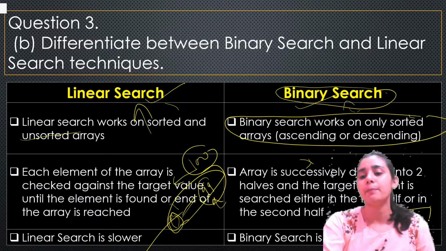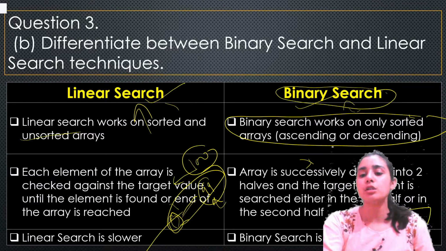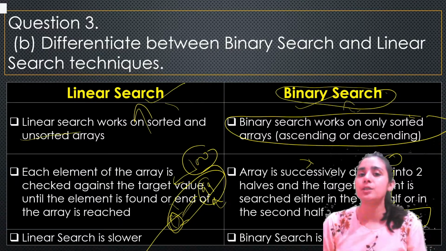It divides that array into two halves, if you are working with an ascending array. This is the first half and this is the second. Now the value you want to find is compared with the mid value.